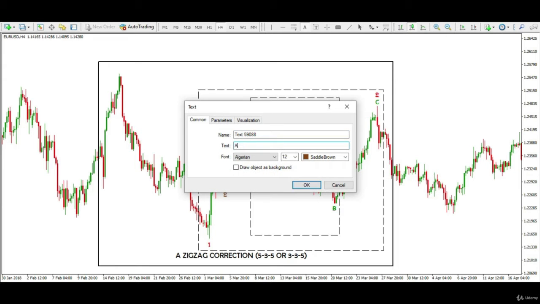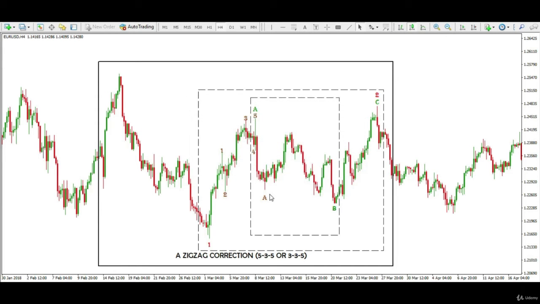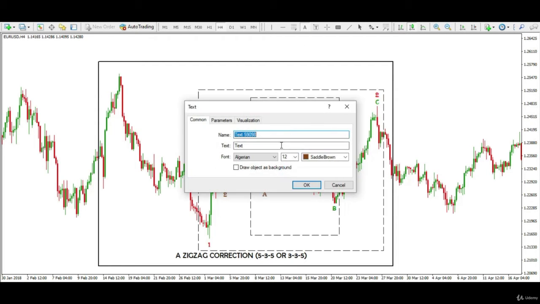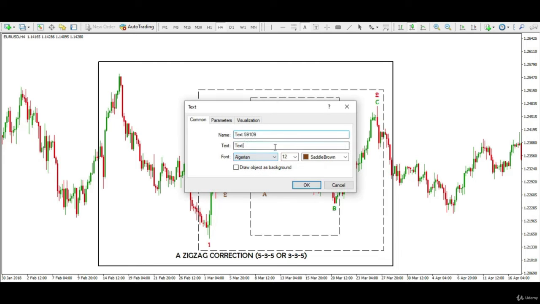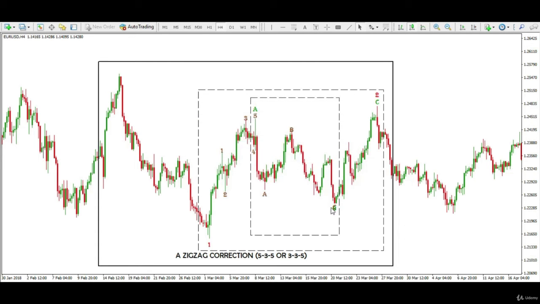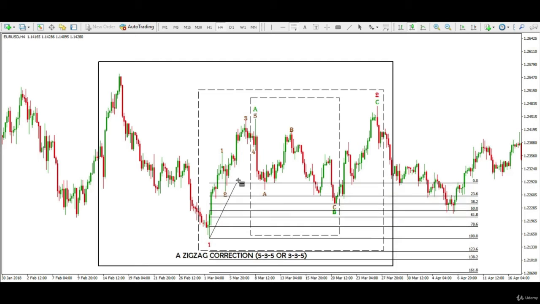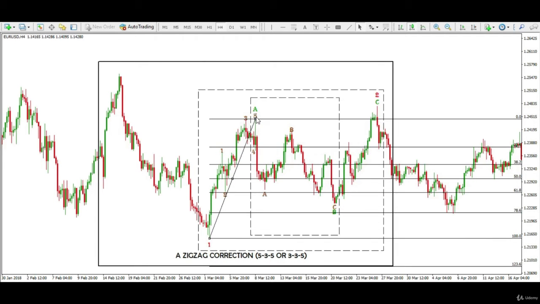Moving on, we will label the 3 waves within wave B of this correction. Wave B only traveled up to 61.8% internal retracement, which is another guideline we studied under zigzag corrections.